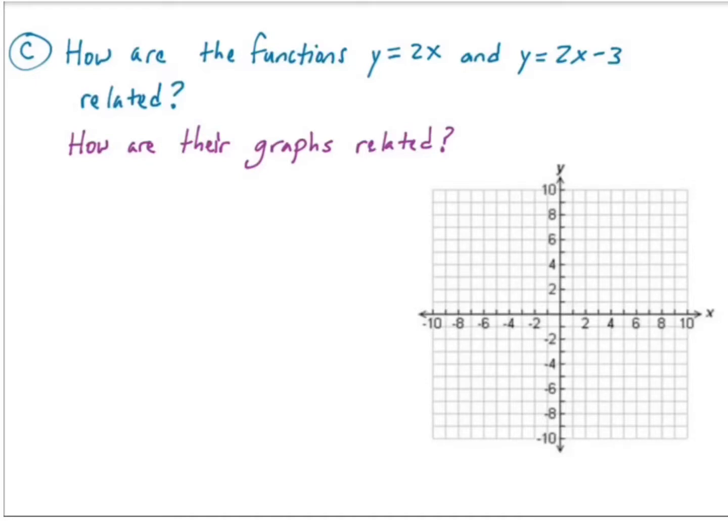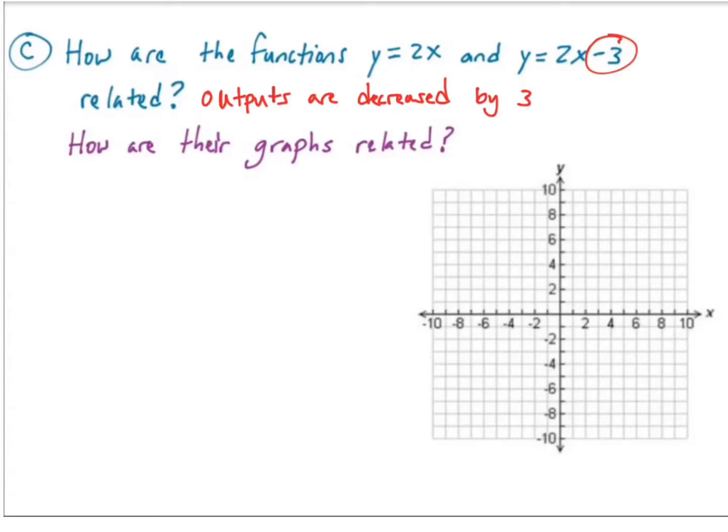So now that we have an idea how this looks, this should go a little bit quicker. The first question says, how are the functions y equals 2x and y equals 2x minus 3 related? Well, we should recognize right off the bat that this minus 3 means the function's outputs are decreased by 3.